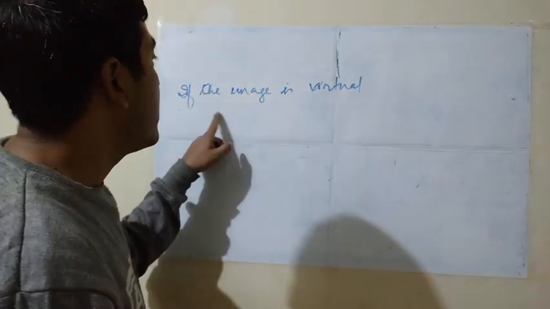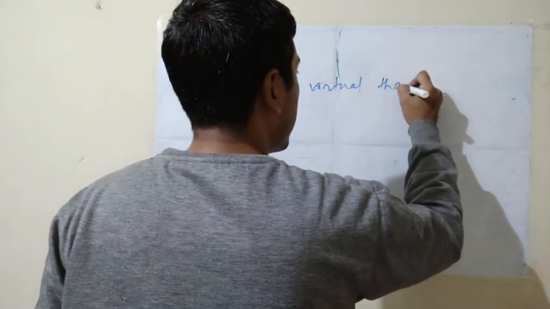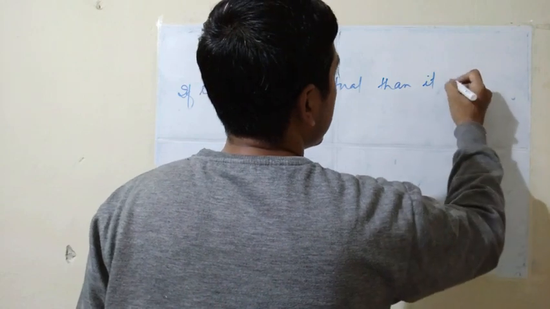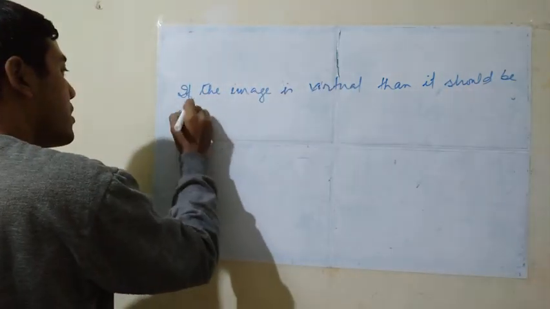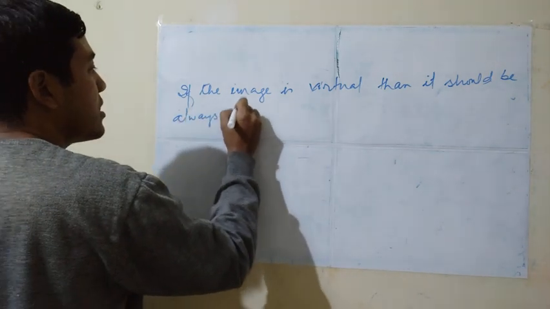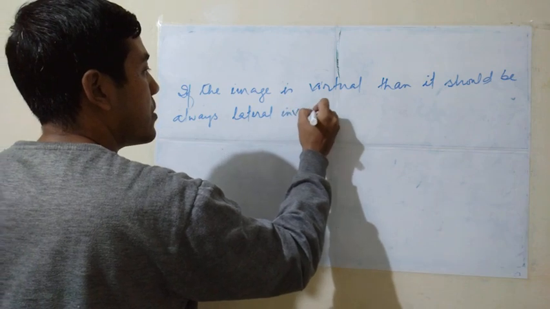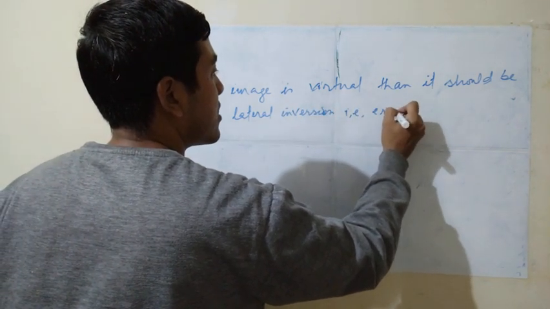Now, that is, if the image is virtual, then it should be always lateral inversion, that is erect.